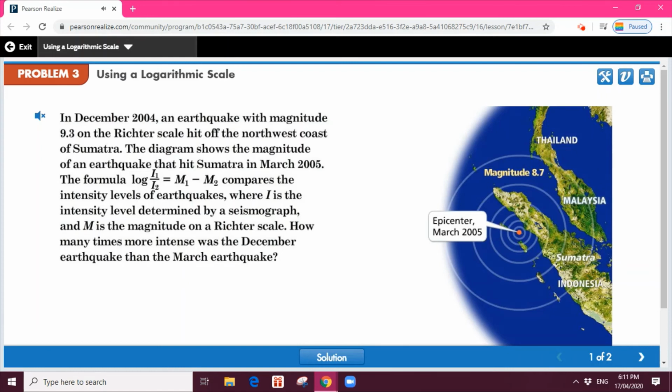The formula log of I sub 1 divided by I sub 2 equals m sub 1 minus m sub 2 compares the intensity levels of earthquakes, where I is the intensity level determined by a seismograph and m is the magnitude on a Richter scale. How many times more intense was the December earthquake than the March earthquake?